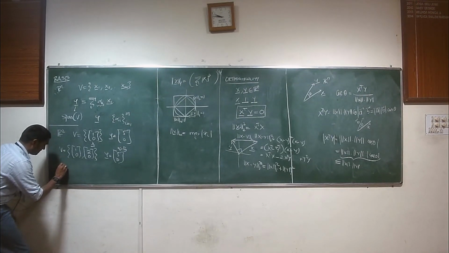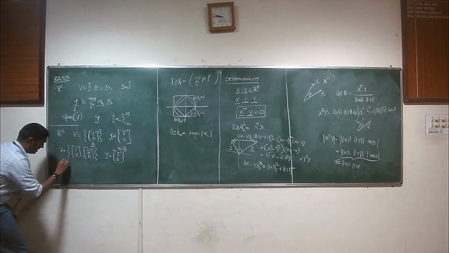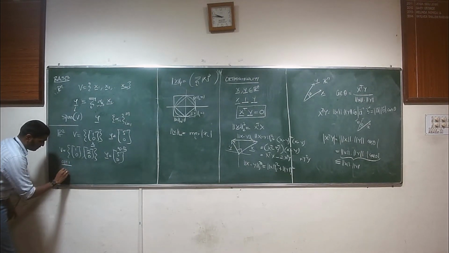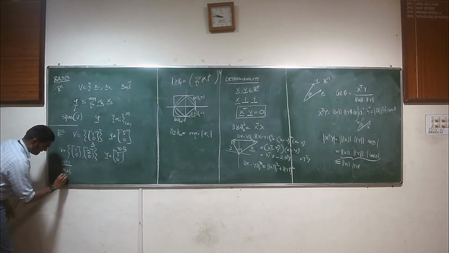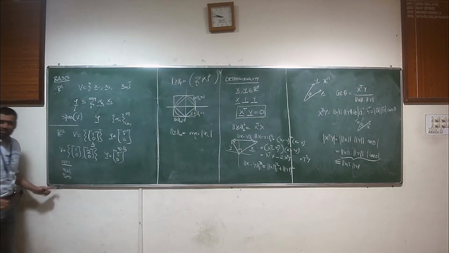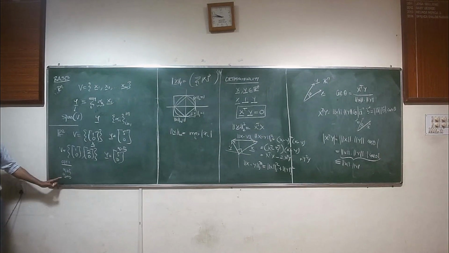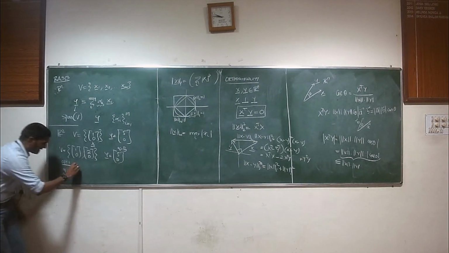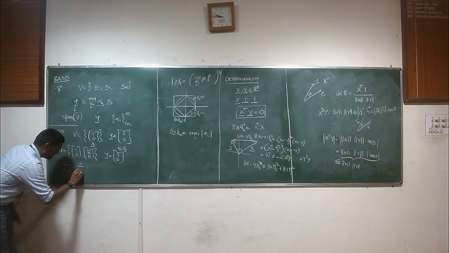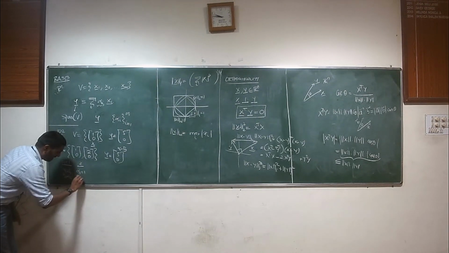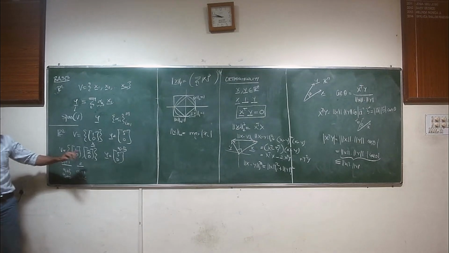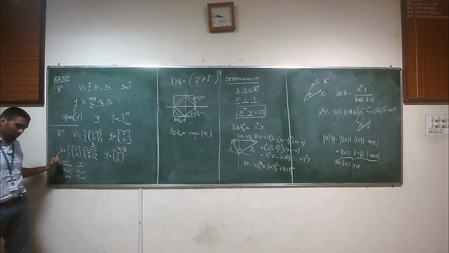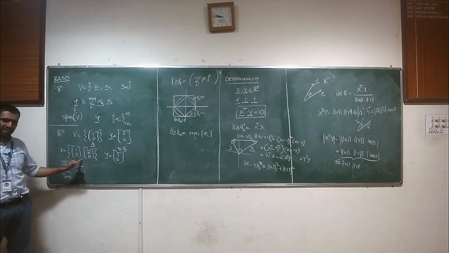Option 1, I can choose alpha 1 equals 5 and alpha 2 equals 0. Is that the only possibility? No, it's not. I can choose a second option, which is alpha 1 equals 1, alpha 2 equals 2. In fact, there are an infinite number of possibilities to express this vector y in terms of these vectors that I've chosen.